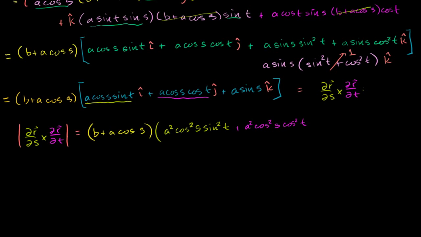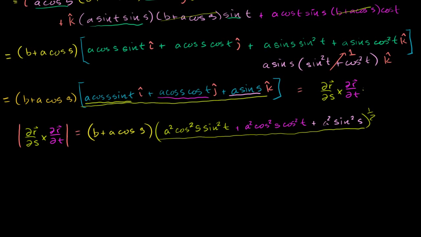That's that term. And then finally, I'll do another color. This term squared. So plus a squared sine squared of s. And it's going to be all of this business to the 1/2 power. This right here is the same thing as the magnitude of this right here. And this is just a scalar that's multiplying both of these terms.